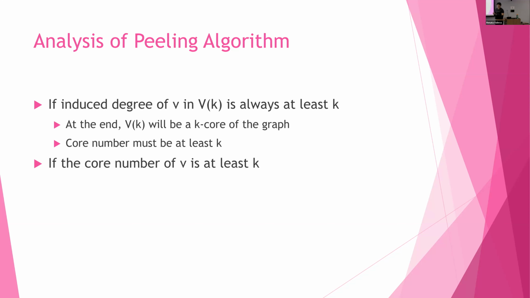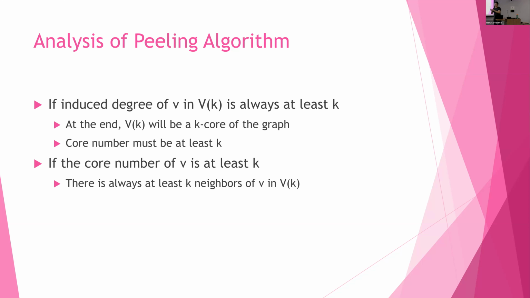Now, conversely, we've shown here that V of K is indeed a K-core, and we want to show that it's a maximal one. So suppose that the core number is at least K. We want all of these vertices to be contained in V of K. To see that, because the core number of v is at least K, there exists some K-core which v is contained in.